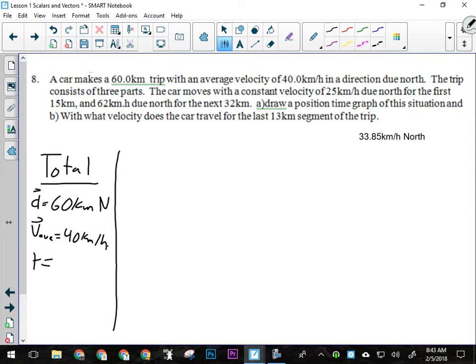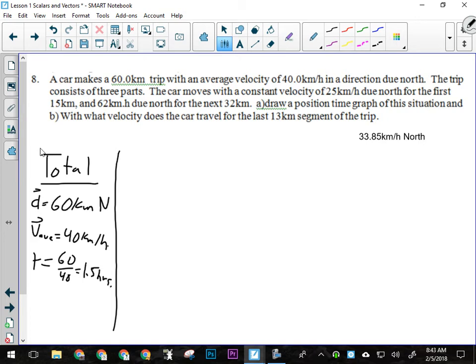We have D and we have V, so we could find time. We're going to want the total time for the whole trip. So let's find that. It'll be 60 divided by 40, D over V, which should be 1.5 hours.